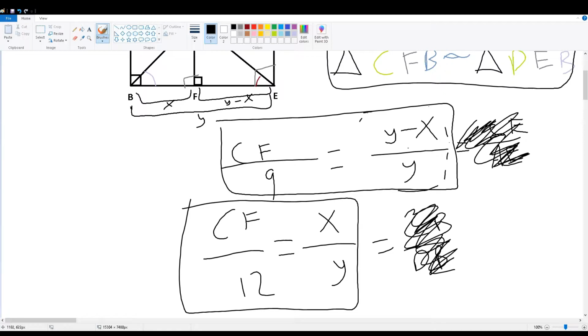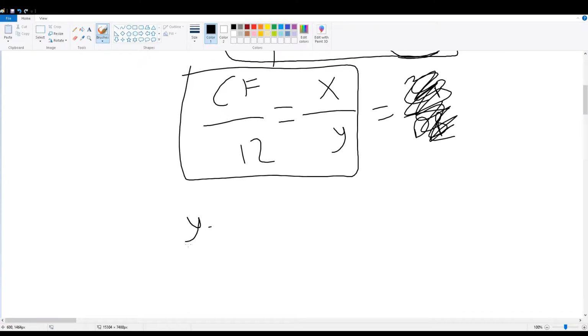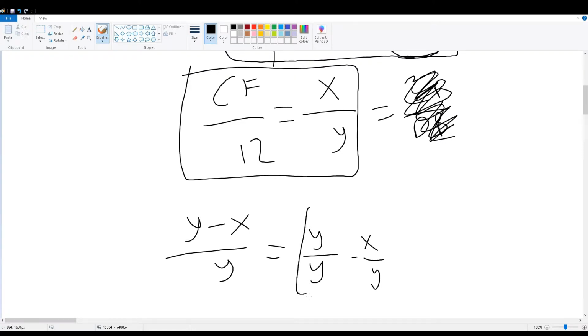Now, let's see if we can rewrite this y minus x over y. What is this? That's equal to y over y minus x over y, right? This is 1. So it's equal to 1 minus x over y.